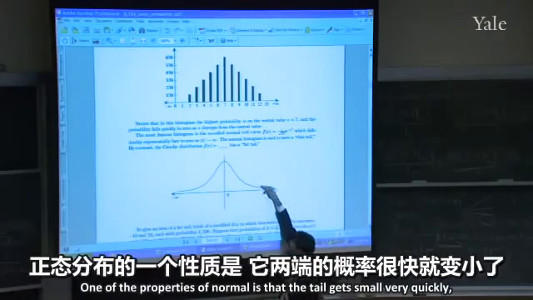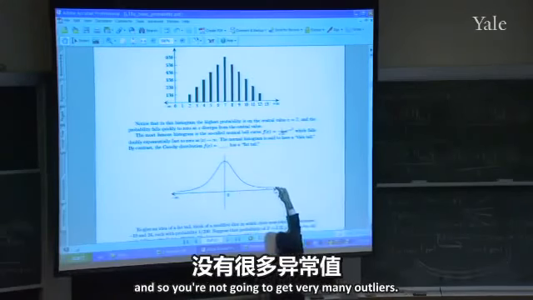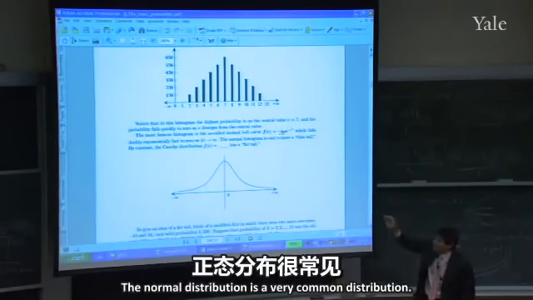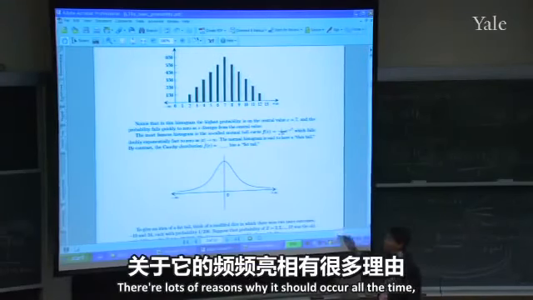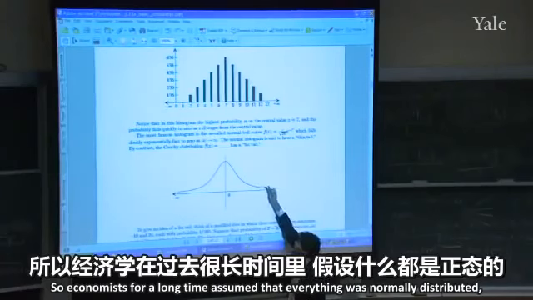One of the properties of the normal is that the tail gets small very quickly, so you're not going to get very many outliers. The normal distribution is very common, there are lots of reasons why it should occur all the time, and it's also mathematically very easy to work with. So economists for a long time assumed everything was normally distributed.